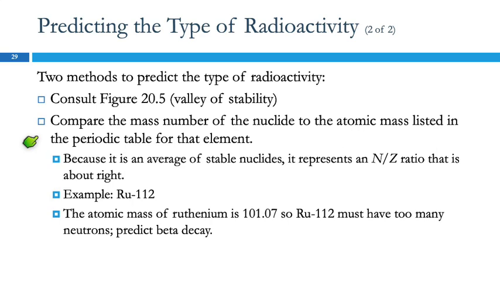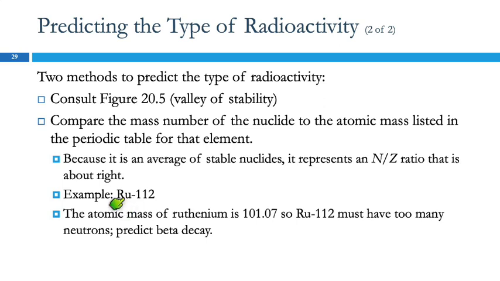Another way to do that is to compare the mass number of the nuclide to the atomic mass on the periodic table. The atomic mass on the periodic table is the average of all the stable nuclei. So if we look at, say, ruthenium-112, element number 44, the average atomic mass of ruthenium is 101.